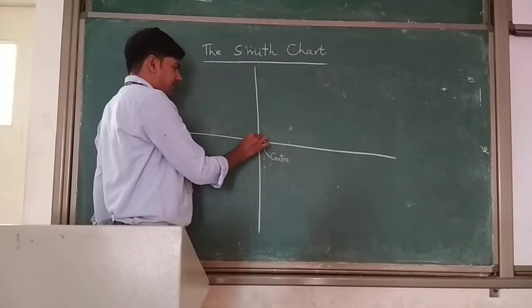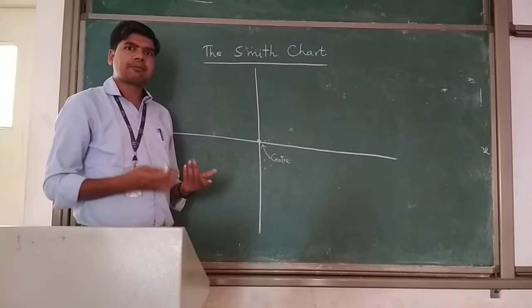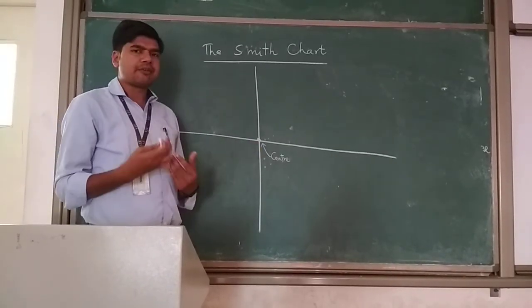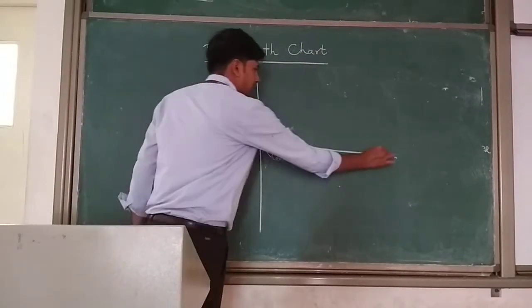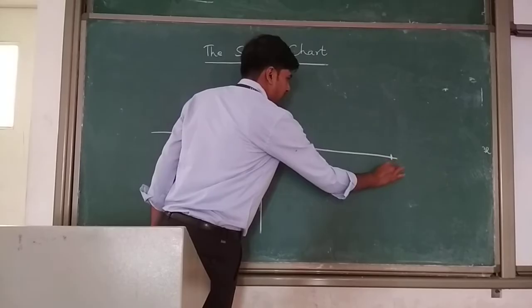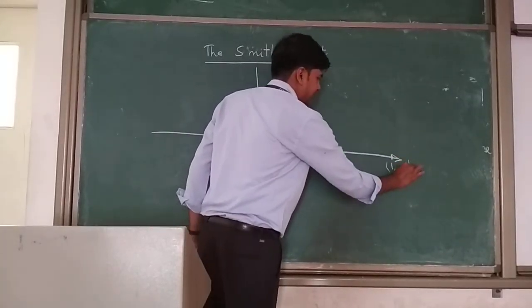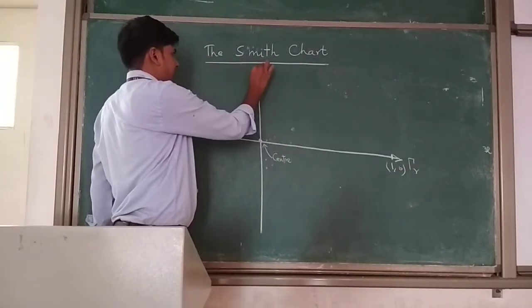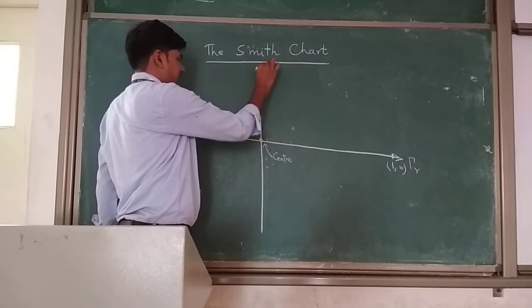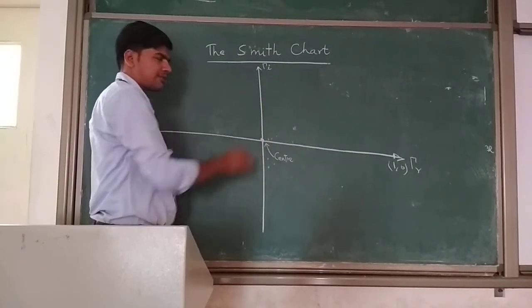As we know, the maximum value of the reflection coefficient magnitude will be equal to 1. So this is 1, 0, and this is the gamma r axis, and this axis is the gamma i axis. Reflection coefficient real axis, reflection coefficient imaginary axis.